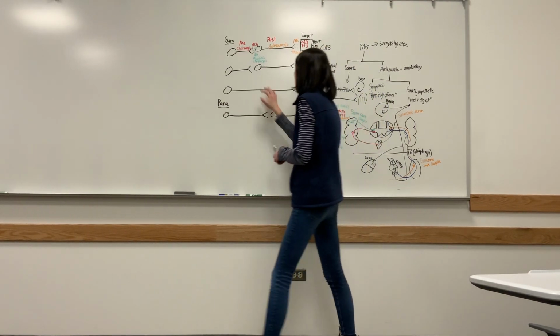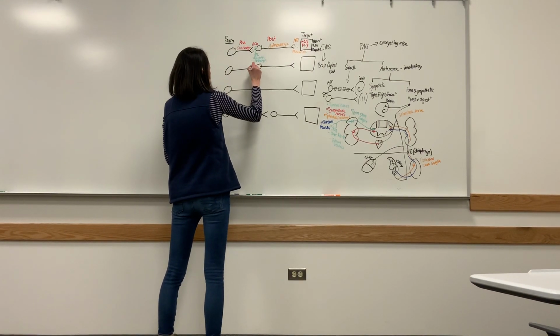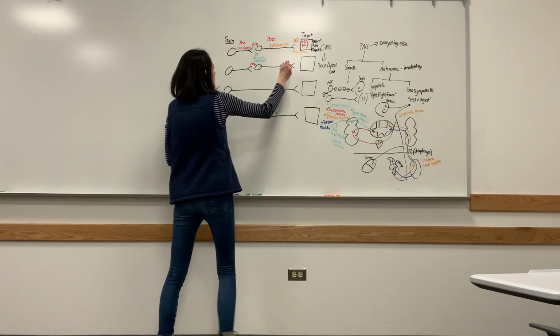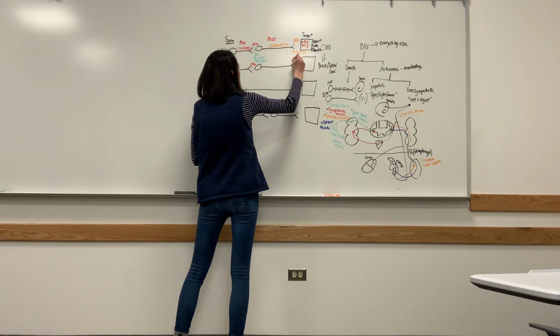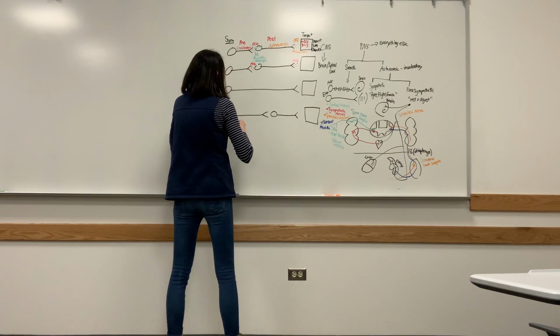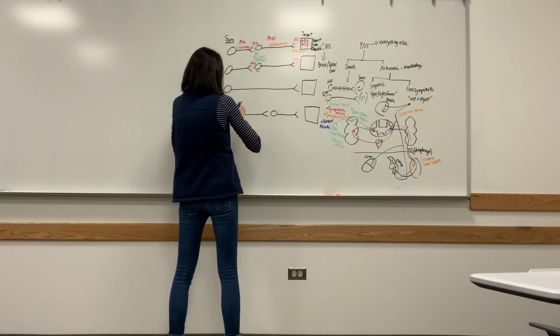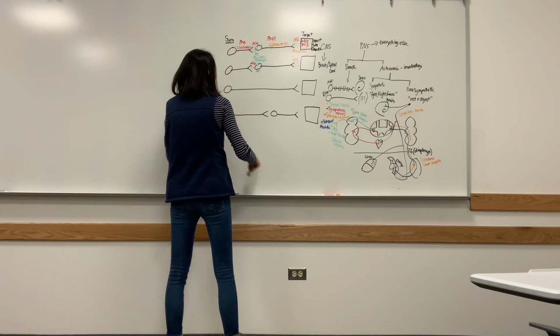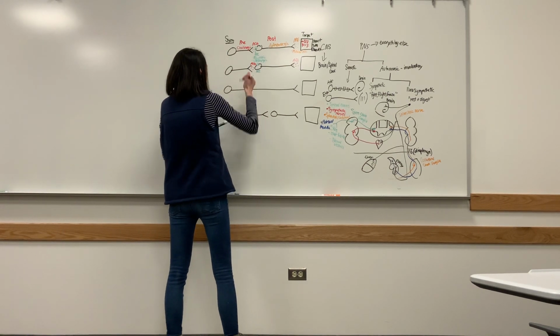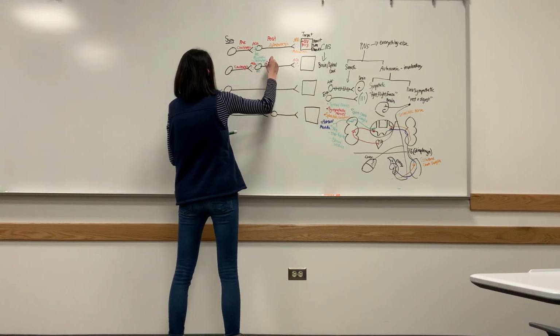In the second pathway, we're going to have the same thing, acetylcholine, and we're going to have our nicotinic receptor, and this is going to be cholinergic and cholinergic.